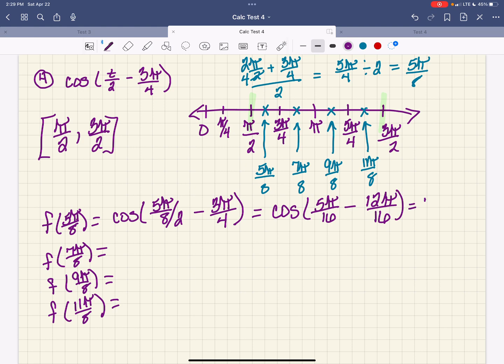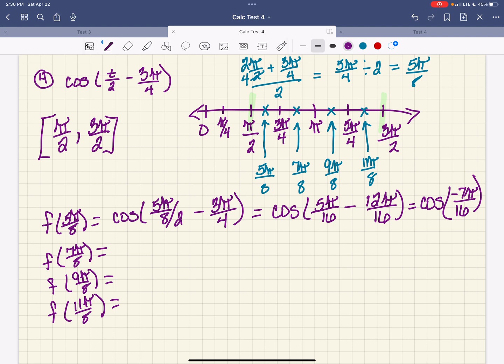So then we've got the cosine of negative 7 pi over 16. When we find the cosine of that, be sure your calculator is in radians. So grab your calculator and make sure you are in radians.